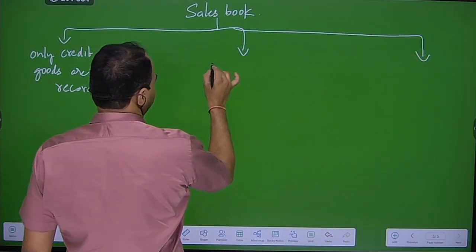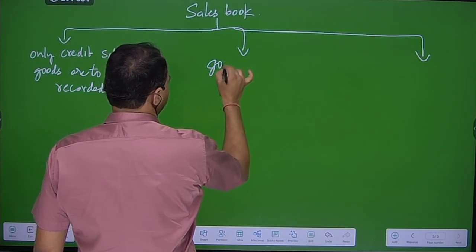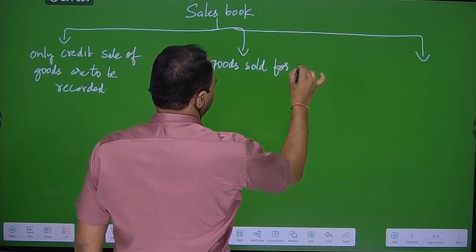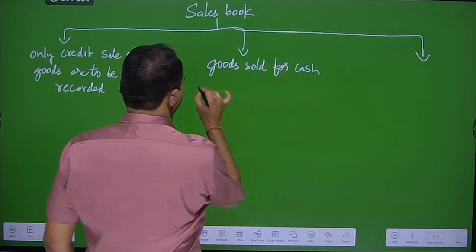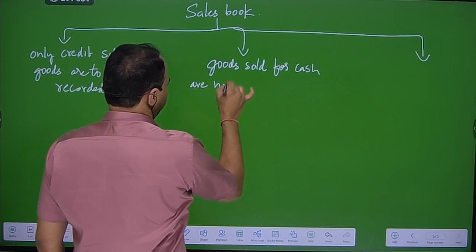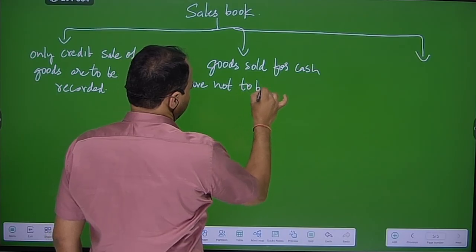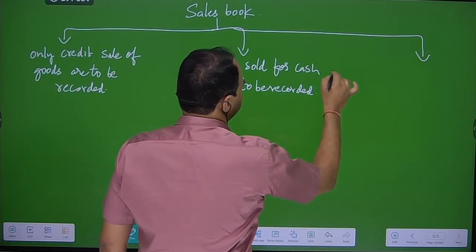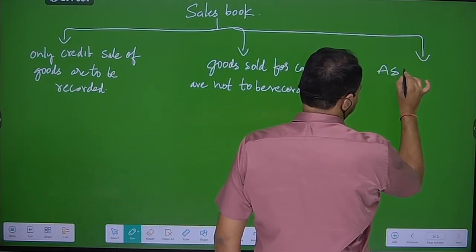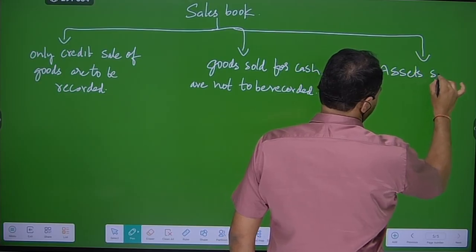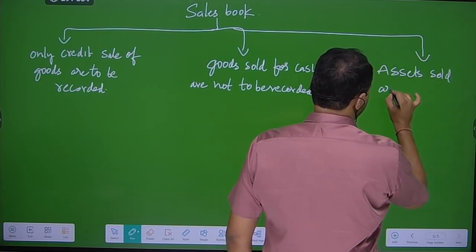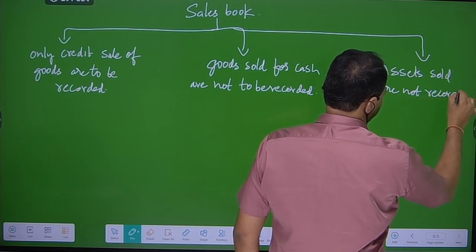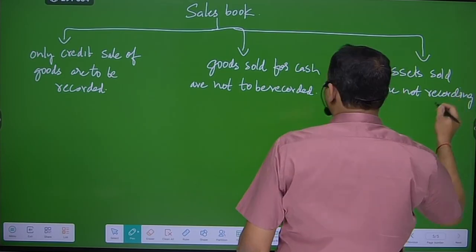Next one: goods sold for cash are not to be recorded. Third one: assets sold are not recorded. Same as the purchase book.